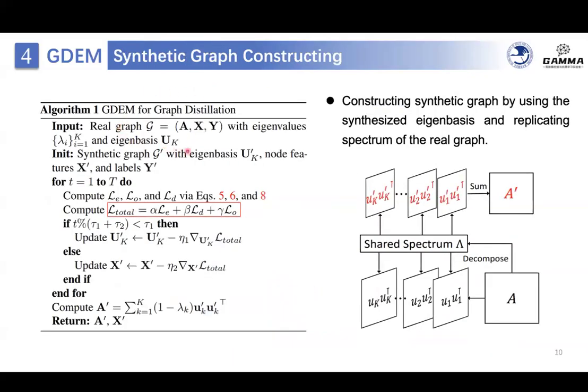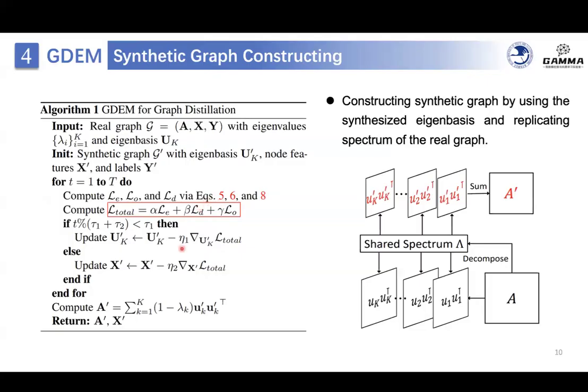So this is our overall algorithm, and this is our total loss. It can be seen that the eigenbasis matching, the discrimination constraint, and the orthogonal constraint are adjusted by different weights.